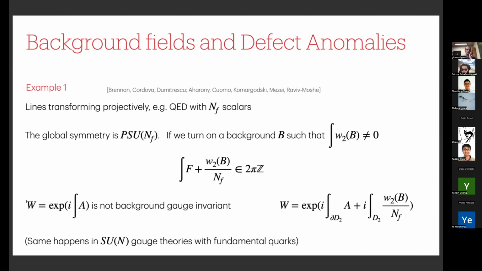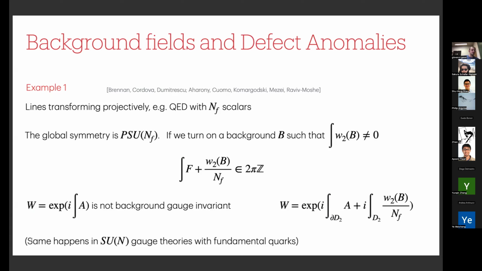And this implies that the Wilson lines of the theory are now not background gauge invariant, just because in the presence of B, the field strength is no longer quantized, and this implies that the holonomy is no longer gauge invariant. In order to make a line which is gauge invariant under the background gauge transformation of B, we have to consider a line which is the boundary of a disk in which we integrate this Stiefel-Whitney class.